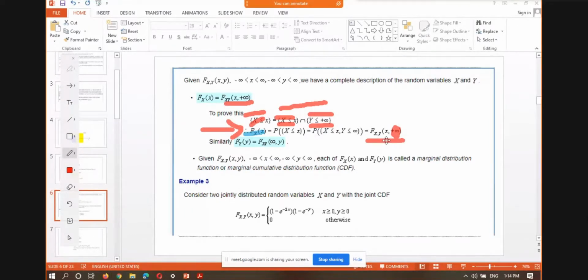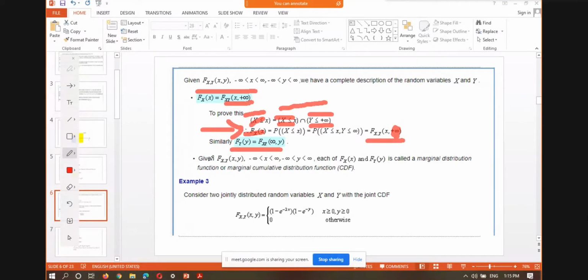Similarly, you can take the limit x also tending to plus infinity, then you will get the marginal distribution function for y. Okay. So you have to remember these two results also.